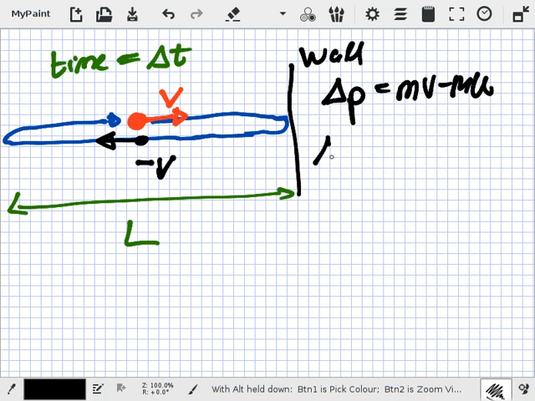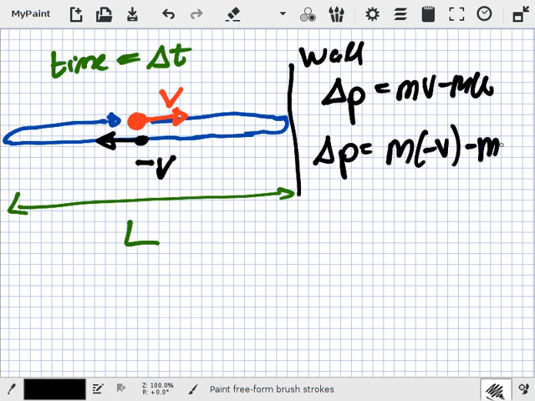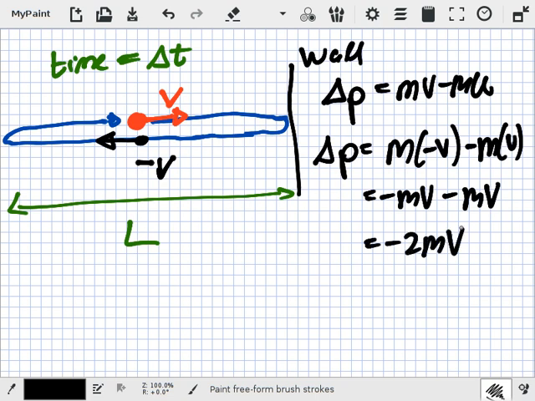So the change in momentum will be mv minus mv. Oh, sorry, I wrote that backwards. The V here is actually minus V, and the U is actually V. So it comes out with minus V and goes in with V. So that's minus mv minus mv, so that is minus 2mv.